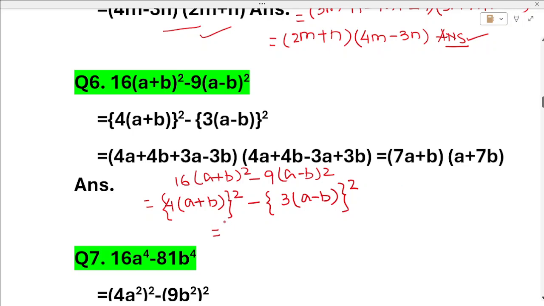So, okay, now you can put it directly. I'm going to do it directly. See what will happen. 4a plus 4b, okay, 4a plus 4b.